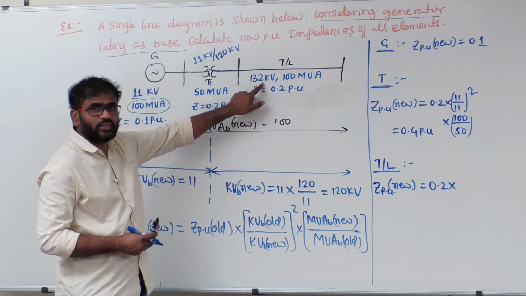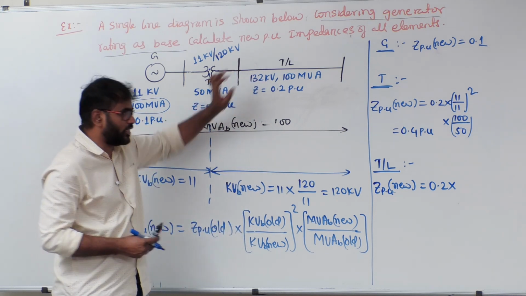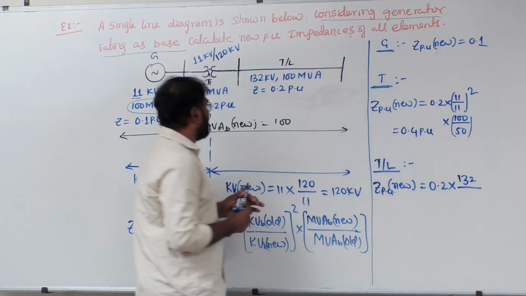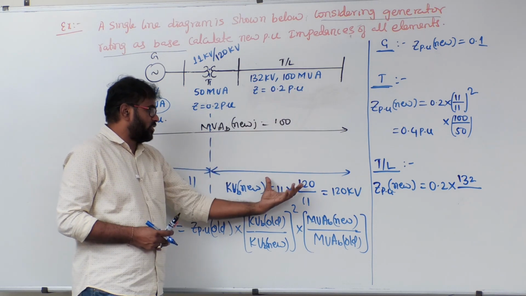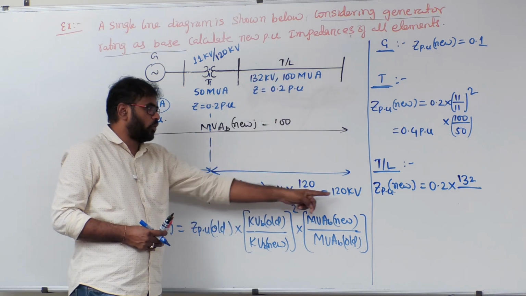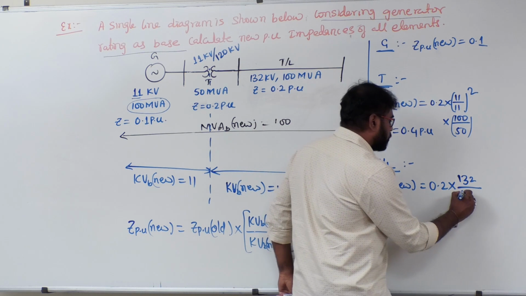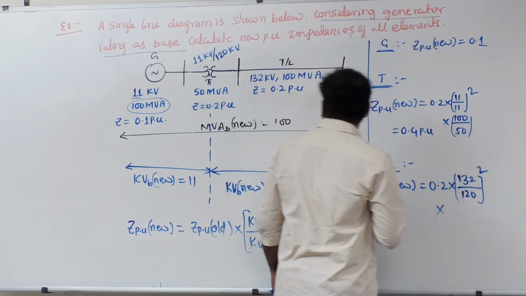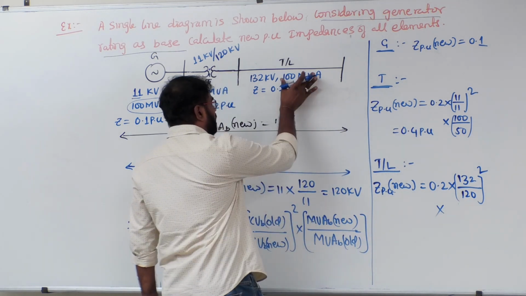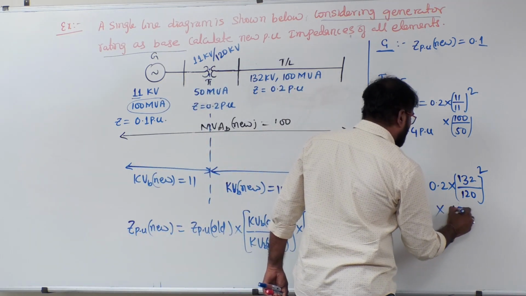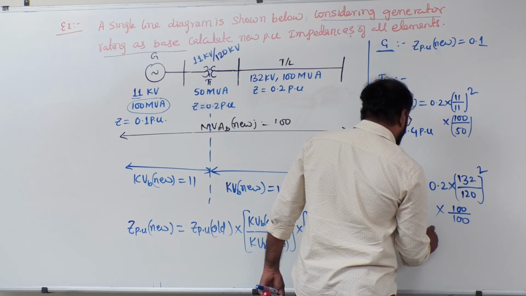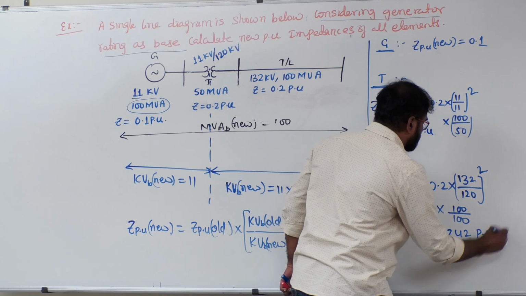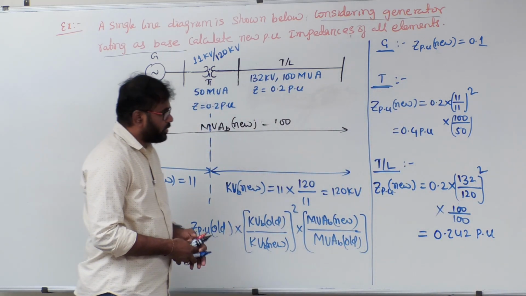It is the transmission line rating, 132, divided by kVB new in the transmission line circuit, which is 120. Okay, 132 by 120. Don't take 11, sir, that is a blunder. And divide with MVAB new 100, MVAB old also 100, so 100 by 100. Now if I solve this, we get 0.242 per unit. So that is how we need to calculate.